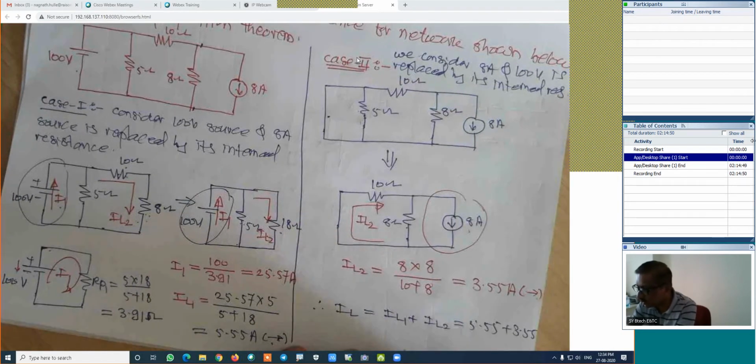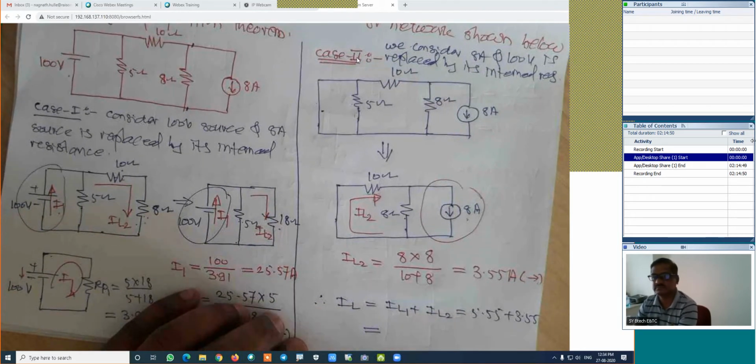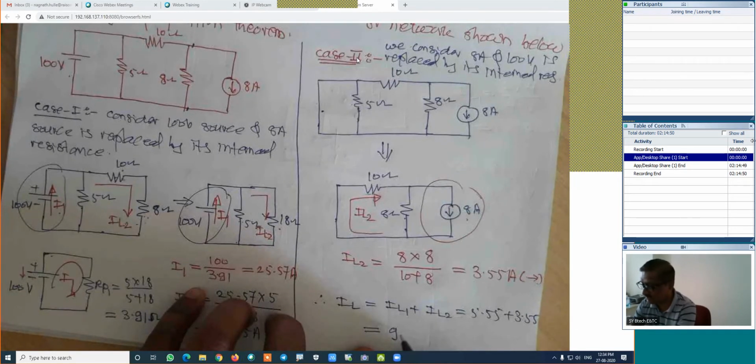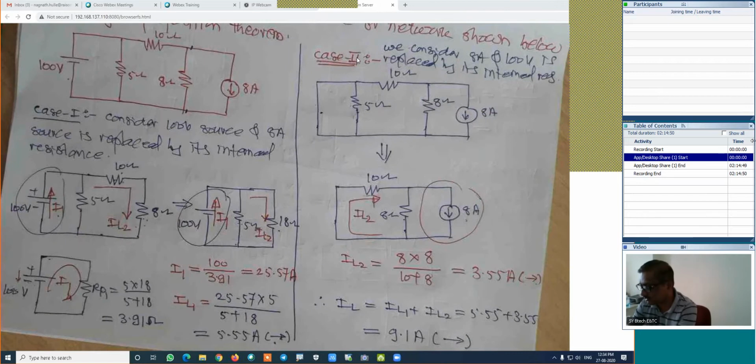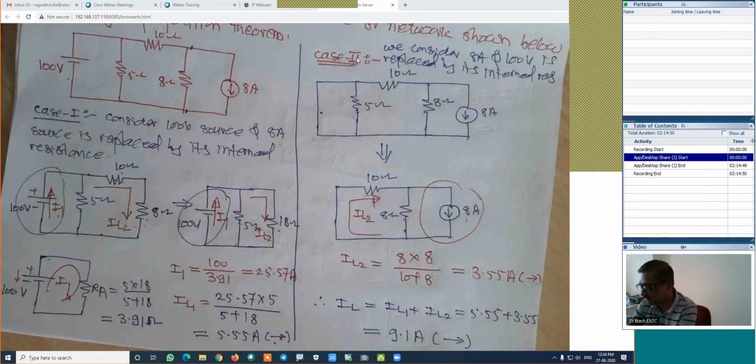How much is the total current and what is its direction? 9.1 amperes. Is it right? And its direction is forward. Is it right? This is the way of calculation in this particular case.